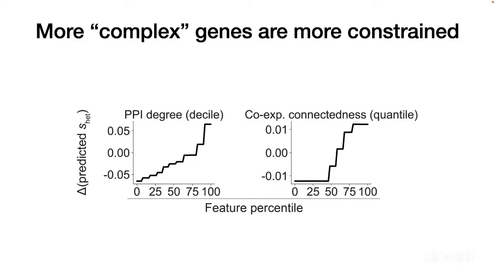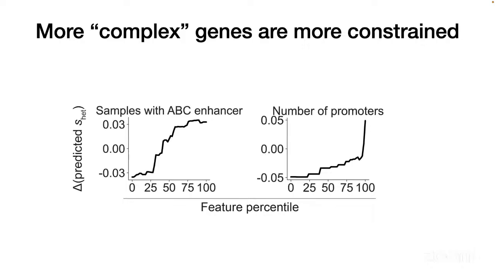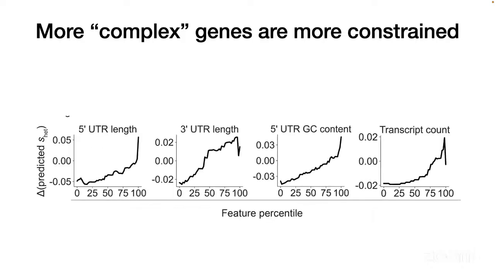The other bit was we generally found the more complicated a gene is, the more constrained it is. Genes that are highly connected in protein-protein interactions or co-expression networks, if they have a bunch of enhancers or promoters, or if they have long UTRs or a bunch of different isoforms, these are all predicted to have much stronger constraint.